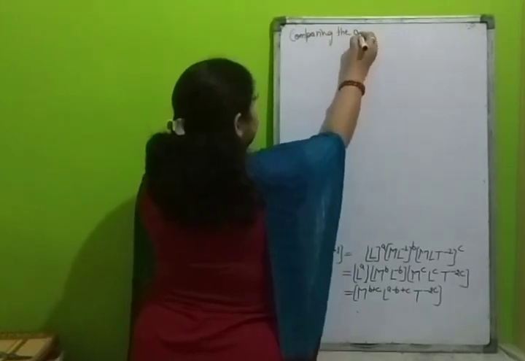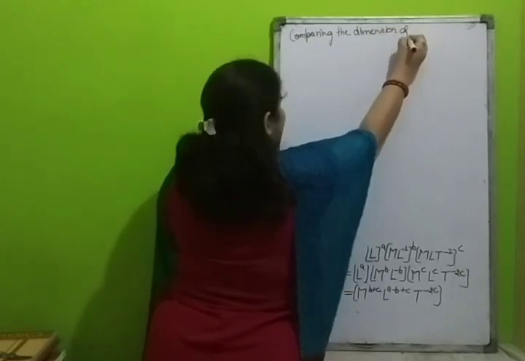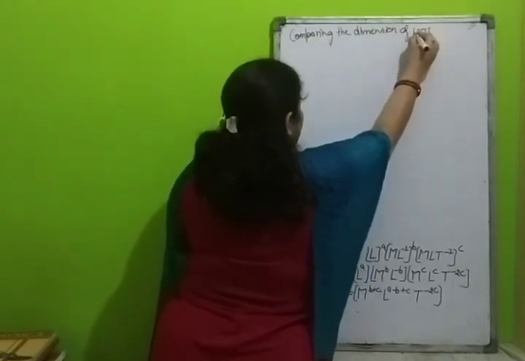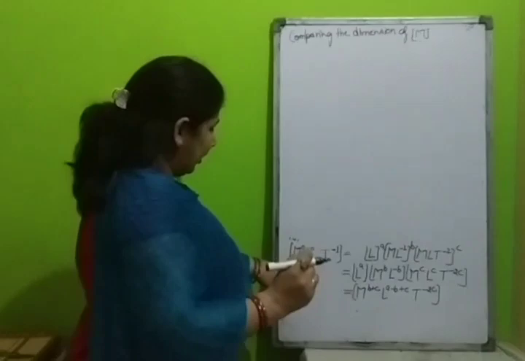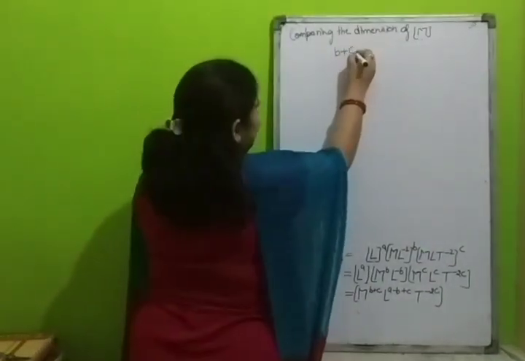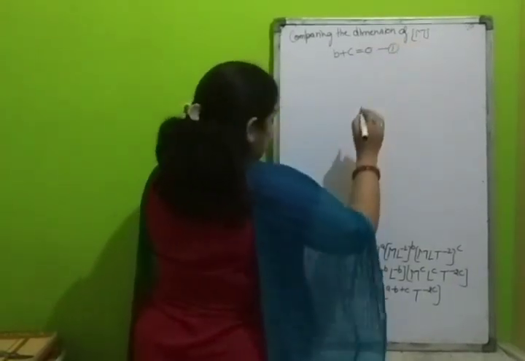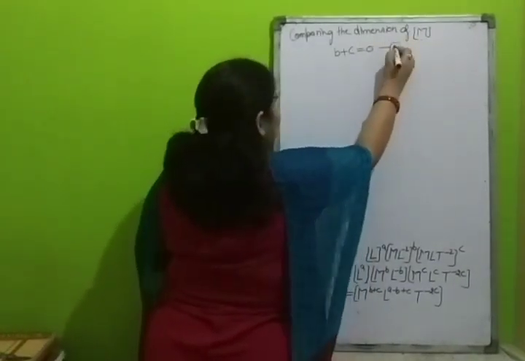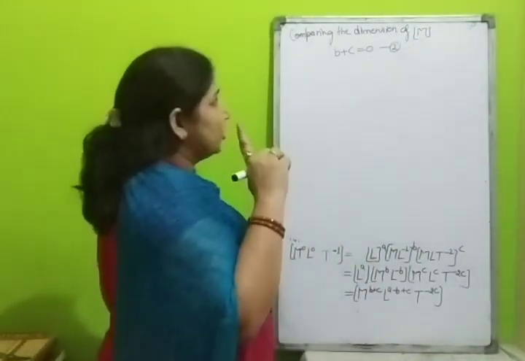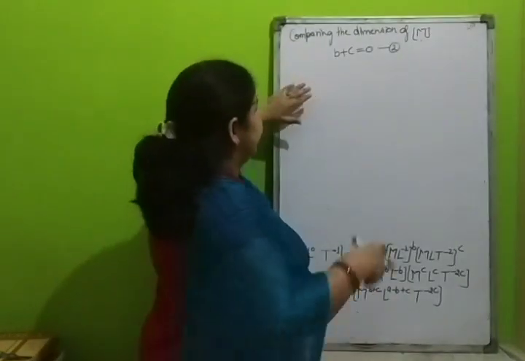Comparing the dimension of M. What is the dimension of M? Here we have 0 and on the other side we have B plus C, so B plus C is equal to 0. Call this equation 2. Equation 1 is the first equation where we have taken the K constant.